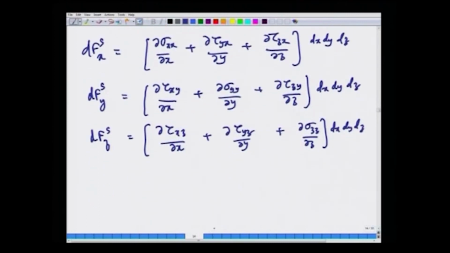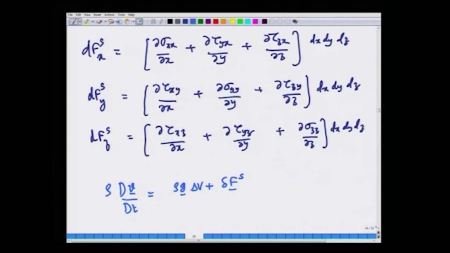Okay. So, we had this momentum balance to be rho DV by Dt is rho g delta V plus the surface force acting on this differential control volume.